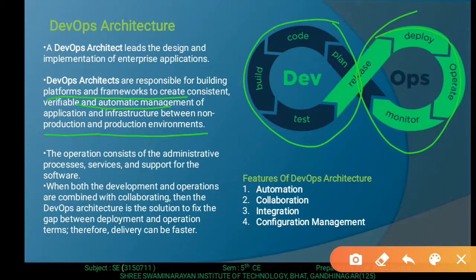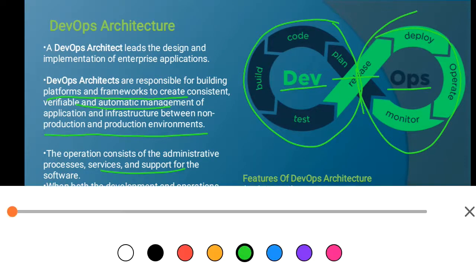The operation consists of the administrative process, service and support for the software. So operation is also performed in an administrative manner. Then when both development and operation are combined, two things are combined, development as well as operation. All this is a combined process.